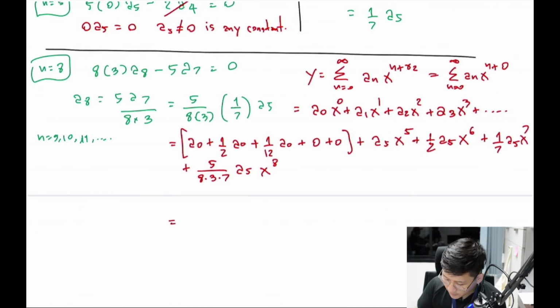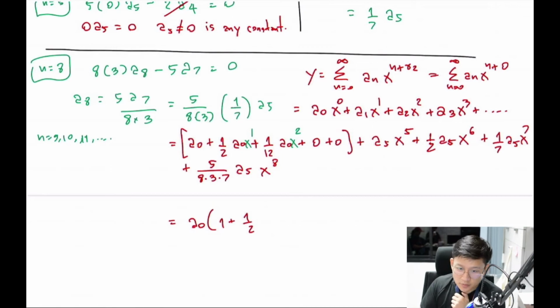This is actually a0 times 1 plus 1/2 x plus 1/12 x squared, sorry, I forgot to write x to the 1, x squared, and x cubed, and the rest would be 0, right?